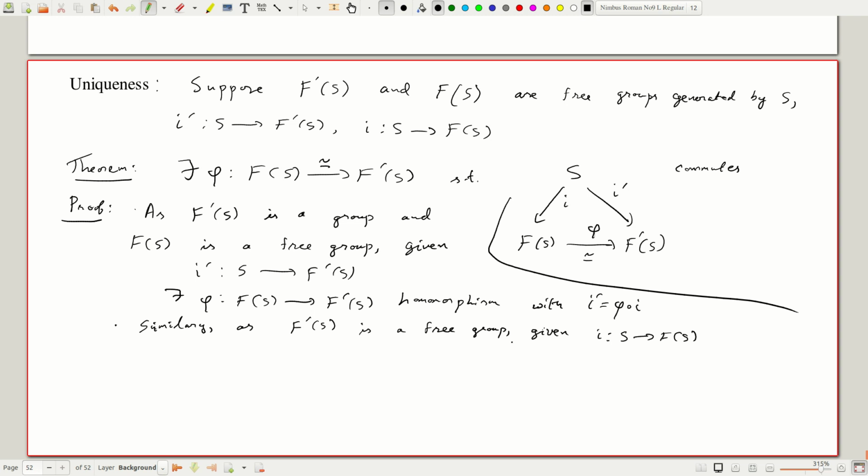I've been saying map, I should clarify these are sets, so there's no topology here, or you can take the discrete topology. Anyway, these are functions. So similarly, as F prime of S is a free group, there exists a homomorphism, let's call it Psi, mapping in the other direction, F prime of S to F of S, such that I is Psi composed with I prime.